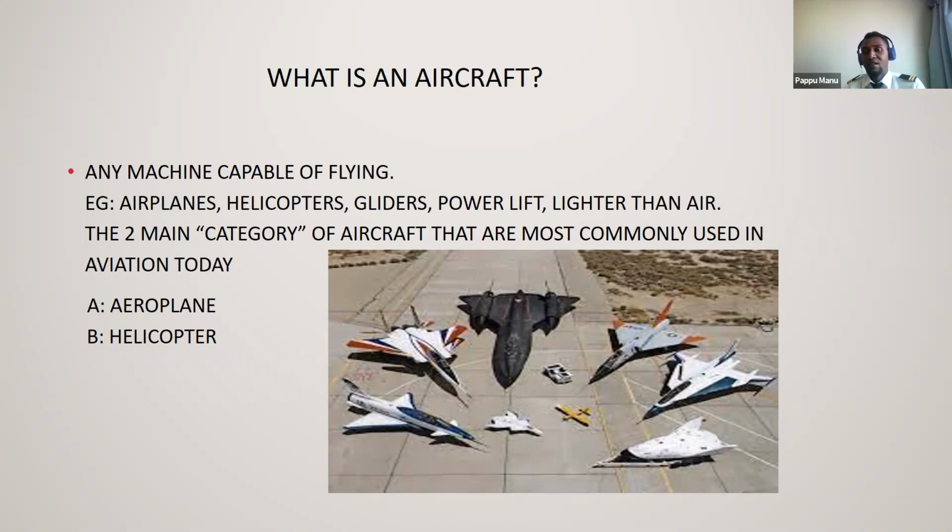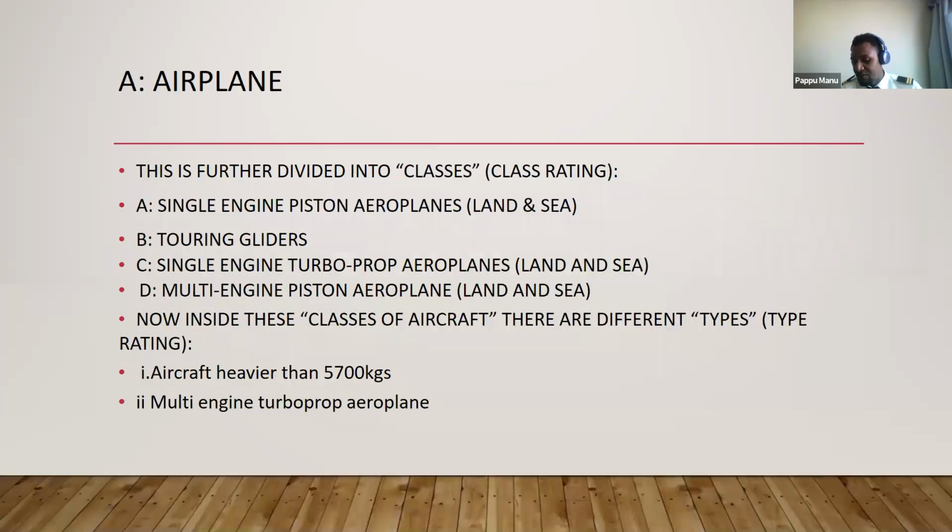After that, we went to the classes, which are also the different types of engines, which we are going to see today in depth. You can see here: single engine piston, touring gliders, single engine turboprop aeroplanes, multi-engine piston, land and sea.